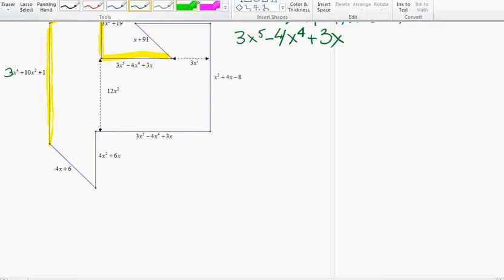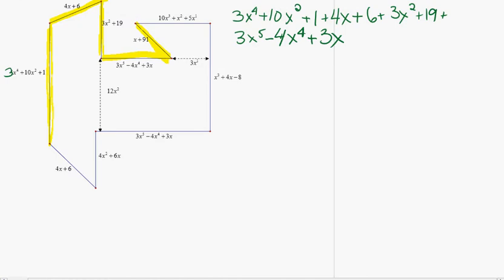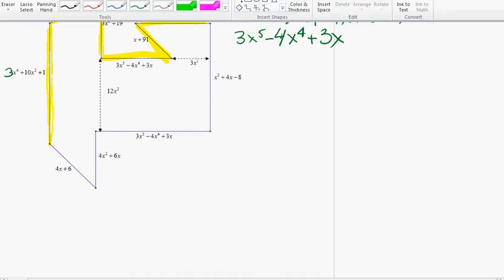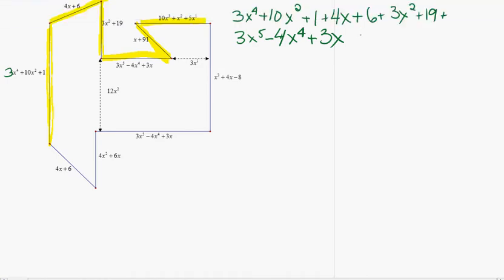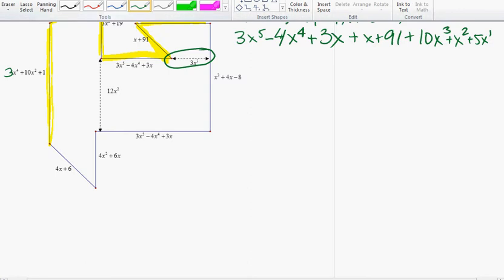Now I'm going to add that one and that one, so I've got 2 to add in now. Plus x plus 91 plus 10x cubed plus x squared plus 5x to the 1st, which is just 5x, but I wrote it to the 1st, so that's fine. You'll notice a measure in here, which is just really there to confuse you. It has nothing to do with the fencing you need, so I'm going to ignore it.